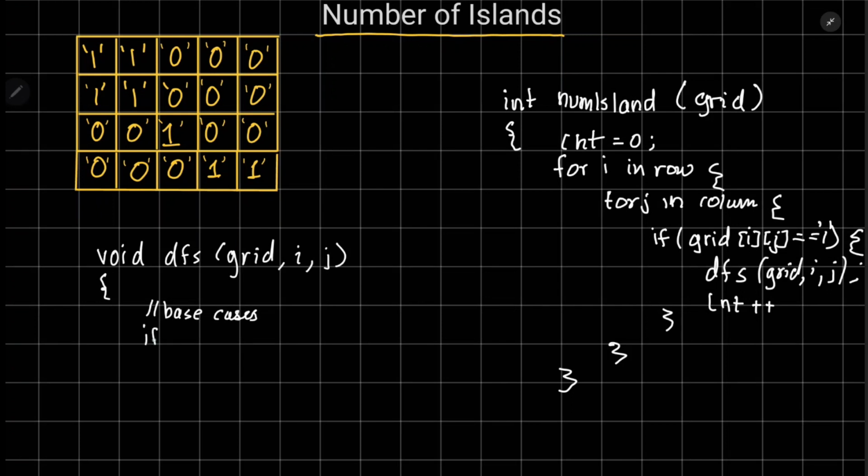So the conditions would be if i less than 0 or j less than 0, or i is greater than or equal to the number of rows, grid dot size, or j is greater than or equal to the number of columns, that is grid of 0 dot size.